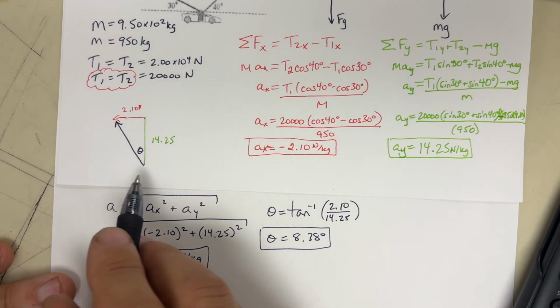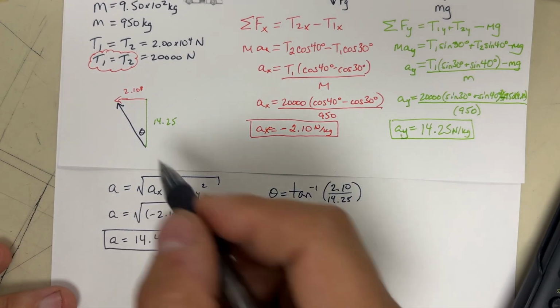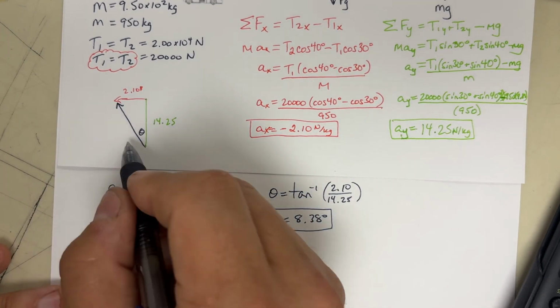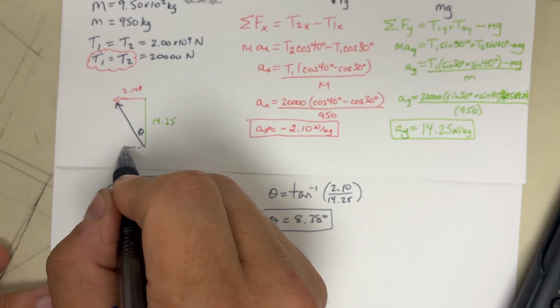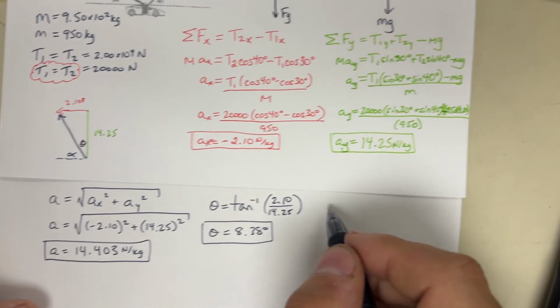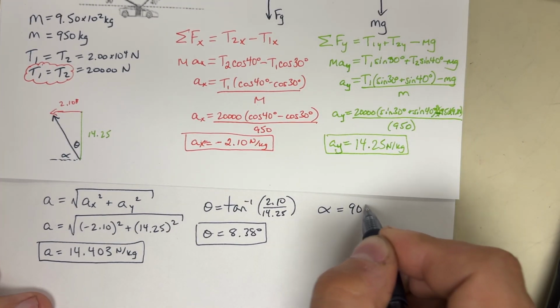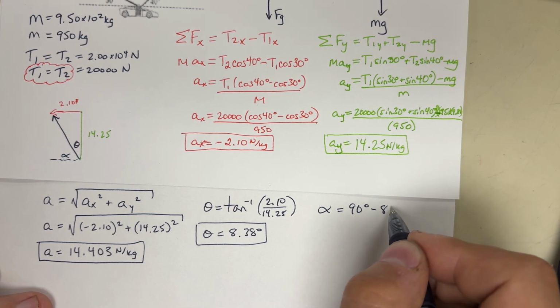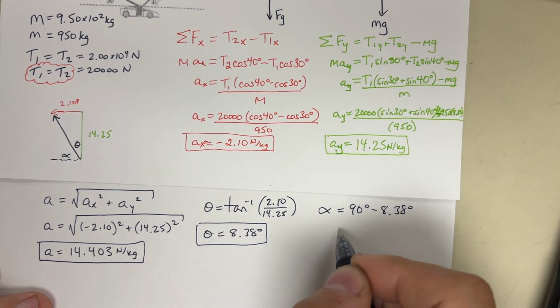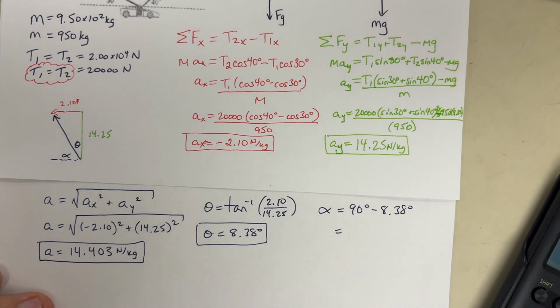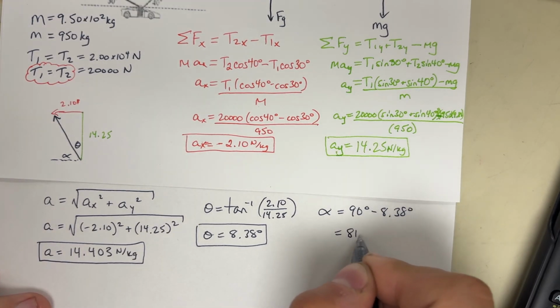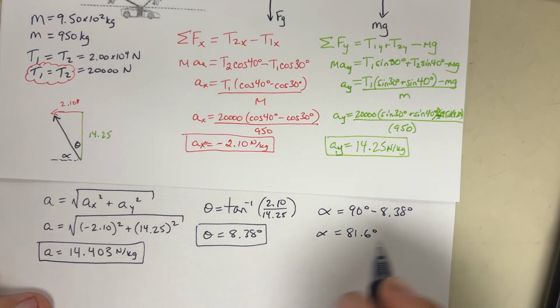Okay, so that's my angle right there. Now, usually we don't use that angle from up, so we might have to look at this other angle right here. This angle will be 90 minus, let's say, 8.38 or whatever. So I get like 81.6 degrees.